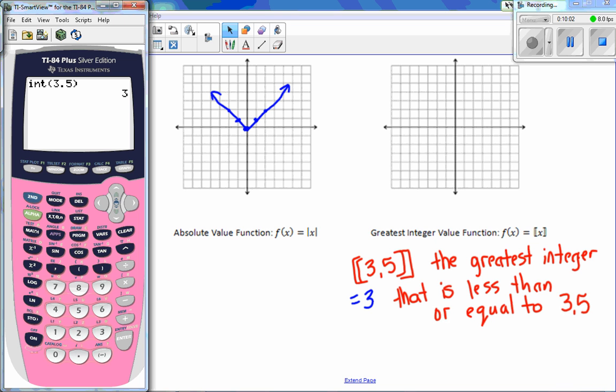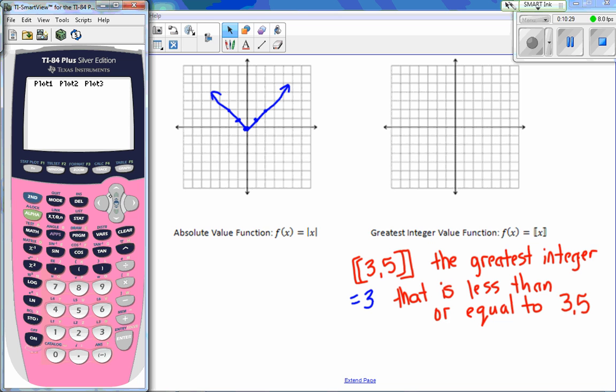If I do the same thing and type in 3.9, I get 3. Now if I type in, say, a 4.1, I get 4.